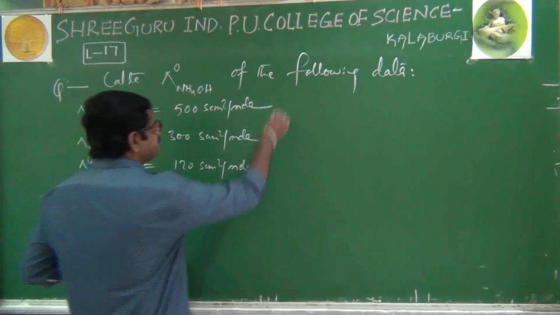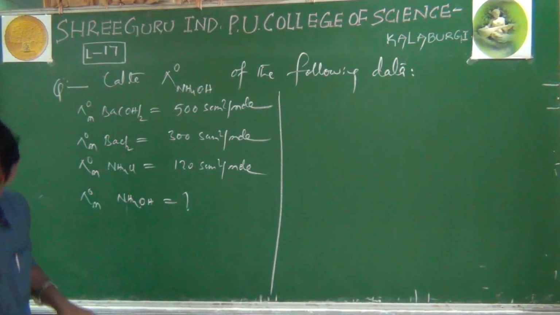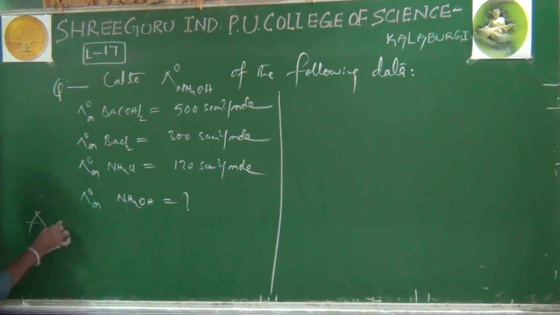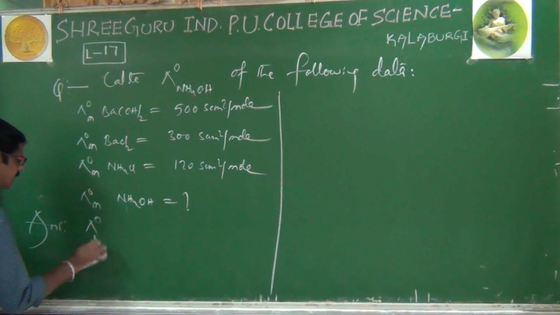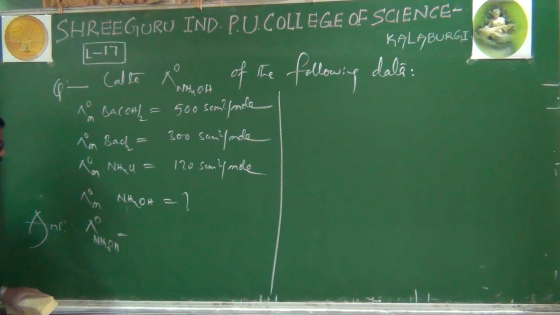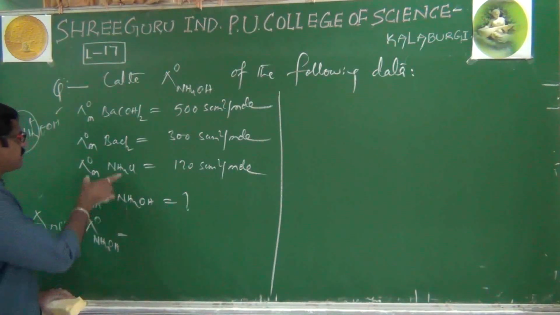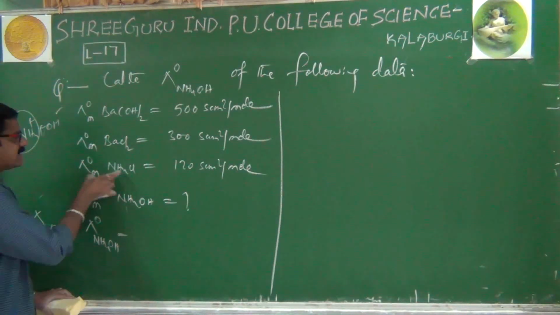For that purpose, we will arrange these three electrolytes in a systematic manner. The arrangement is like this. Lambda naught ammonium hydroxide is equal to, right. How to arrange: if you split ammonium hydroxide you will get NH4+ and OH- ions. First you have to select the ammonium ion containing electrolyte, which is ammonium chloride.